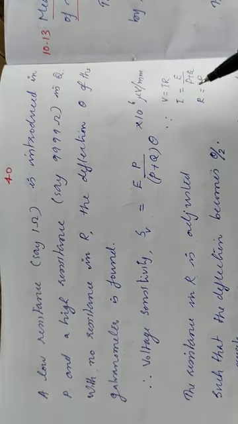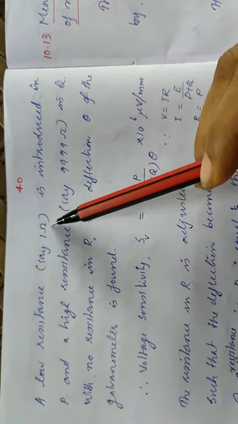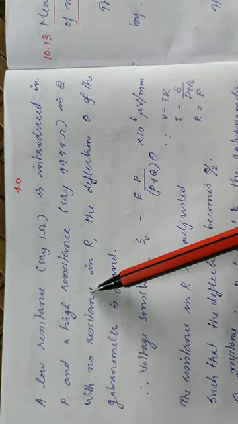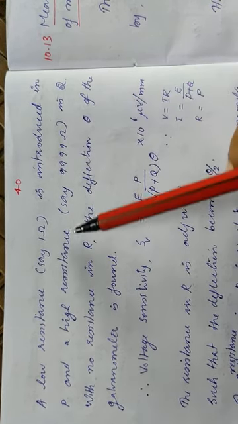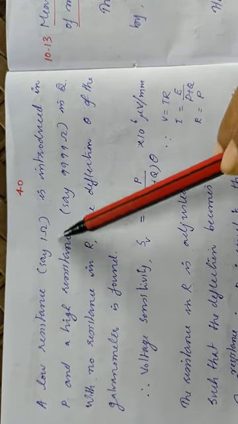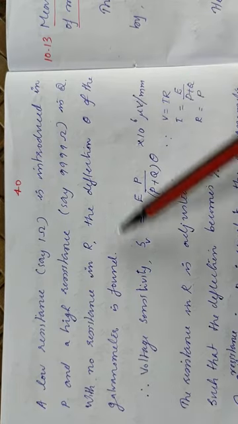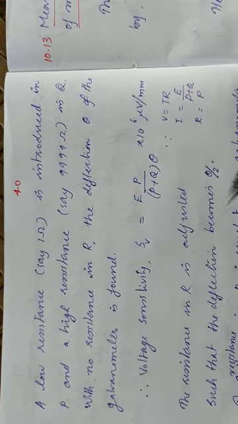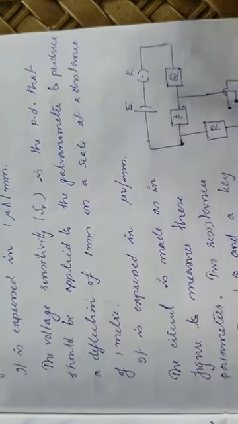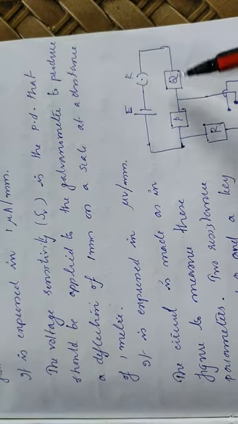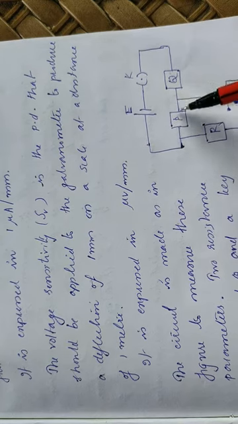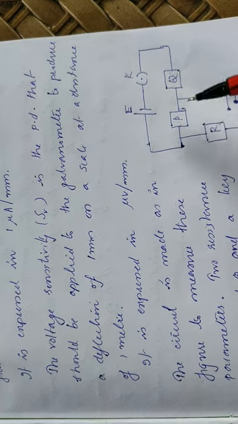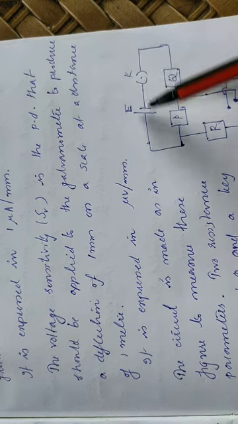In the experiment, a low resistance, say of the order of 1 ohm, is introduced in P, and a high resistance, say 9999 ohm, is introduced in Q, so that the combination of P and Q gives a value of 10,000 ohm, with no resistance in R, and the cell is connected.